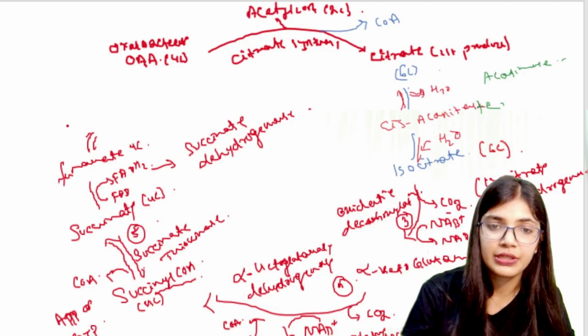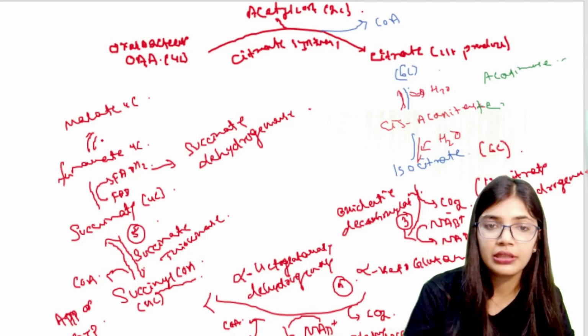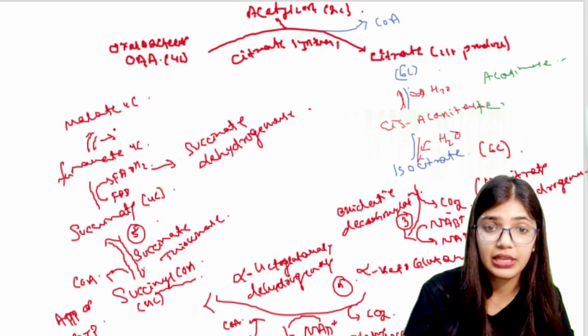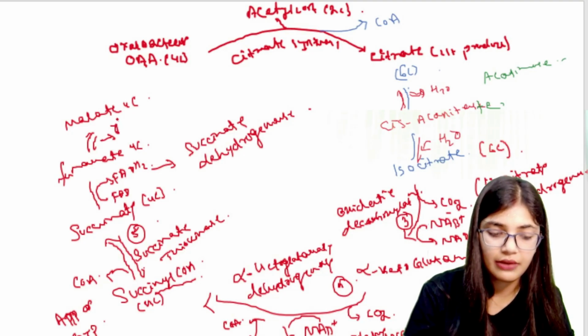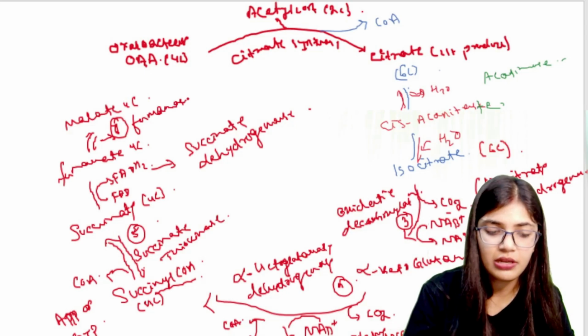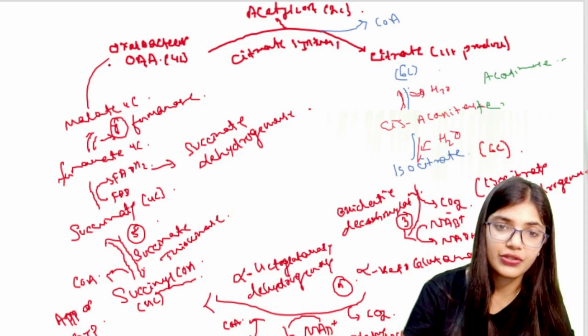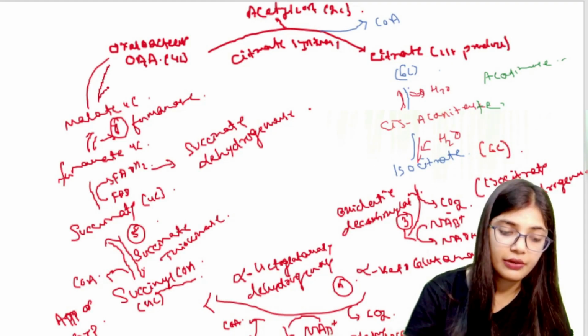This is also a reversible phase. Here malate is being formed, which is a 4-carbon compound. The enzyme responsible for the seventh step is fumarase. The next step is the conversion of malate into oxaloacetate. This is also a reversible phase.